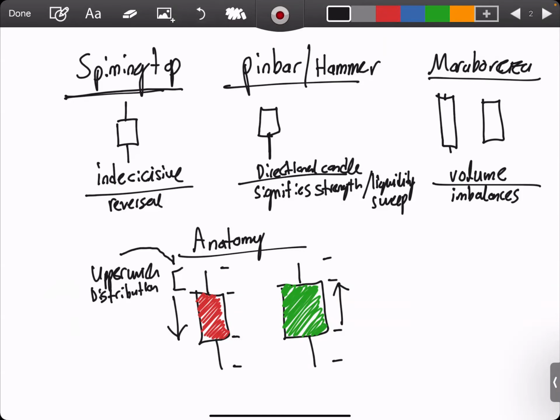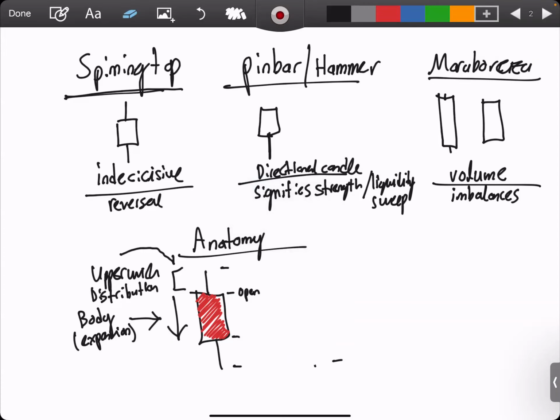We have the body, which is our expansion. This is where price is expanding, right? Price is opening here at the top of the body for step 1. It pushes all the way up to create a high for step 2.